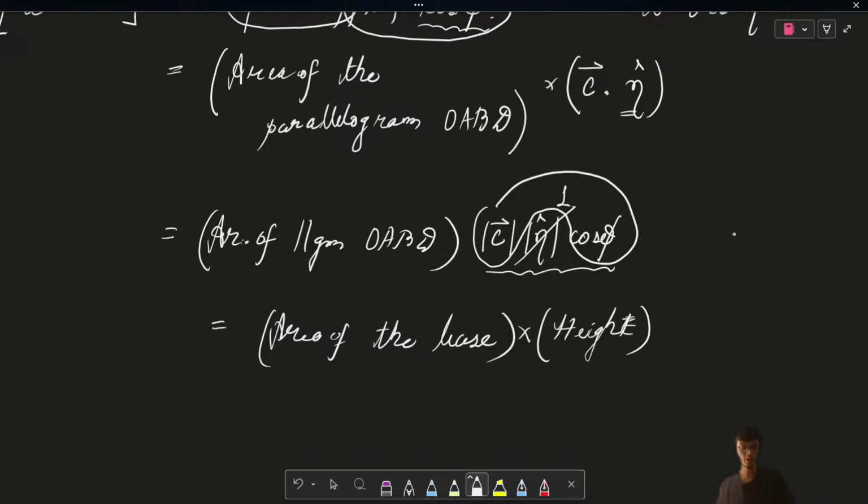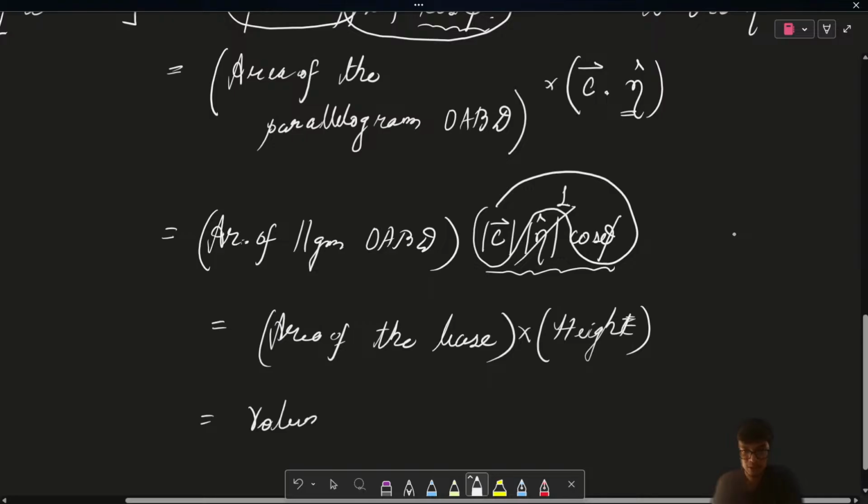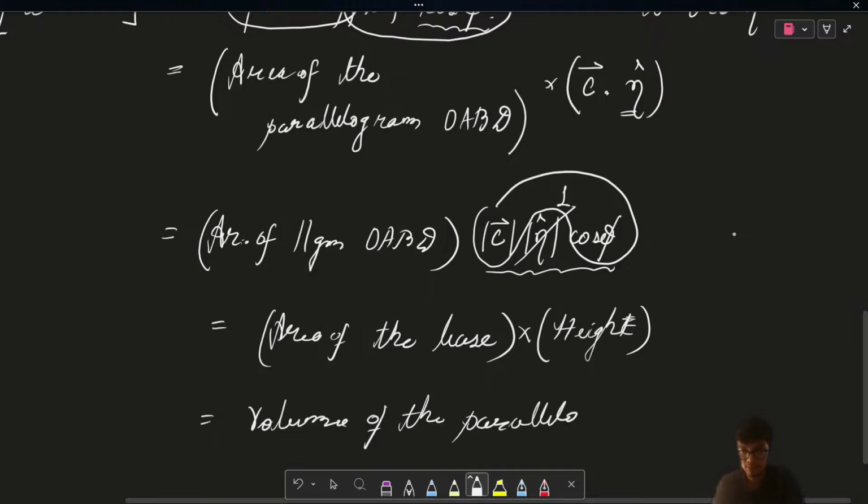So this is defined as the volume of the parallelepiped, this 3D figure formed by the coterminous edges A vector, B vector and C vector.